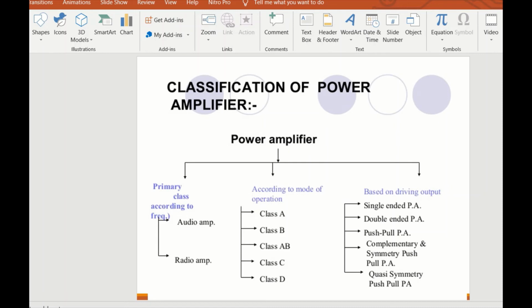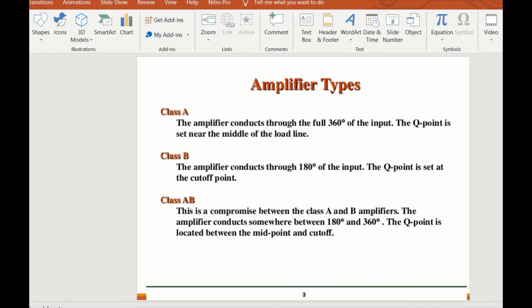Then the third type is based on the driving output, what type of output you have: single-ended power amplifier, double-tuned power amplifier, push-pull power amplifier, complementary symmetry power amplifier, quasi-symmetry push-pull amplifier. All these are the different types of power amplifiers. So basically we are starting with the amplifier types.